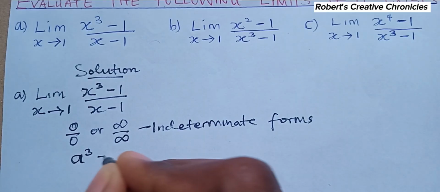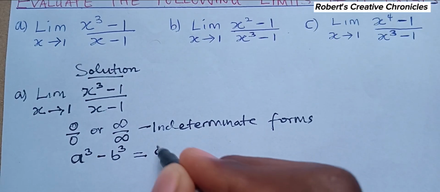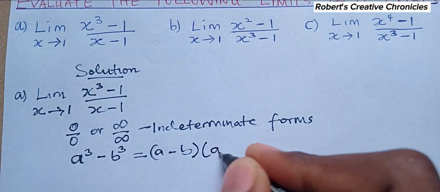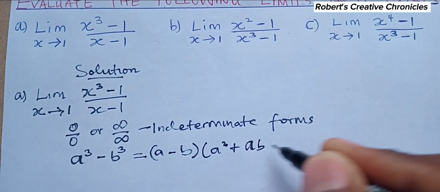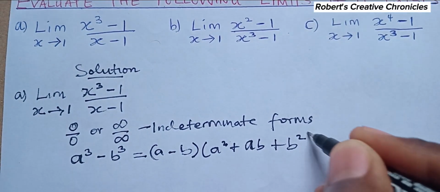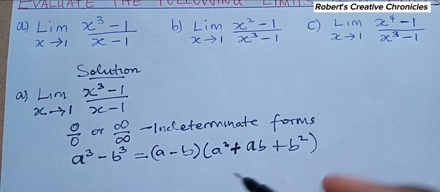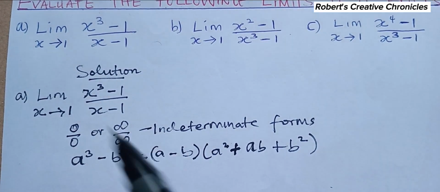An expression for this is given that a cube minus b cube equals a minus b times a square plus ab plus b square. Now we're going to use this to get an expression.